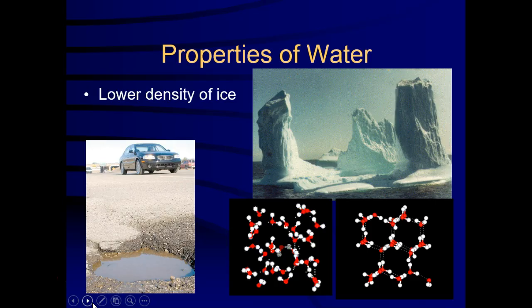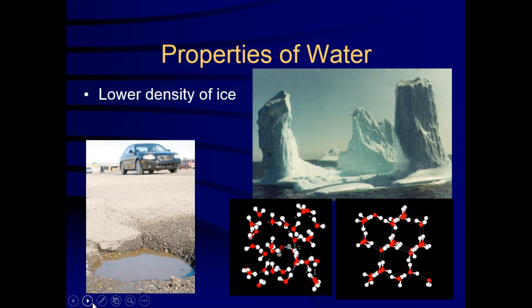This cycle keeps repeating itself over weeks and months. And over time, eventually, we get a big pothole. That expansion, then turning liquid, expansion, turning liquid, expansion, becomes extremely powerful.